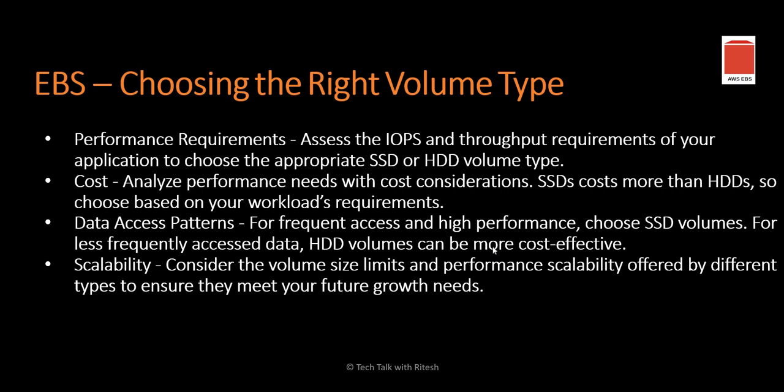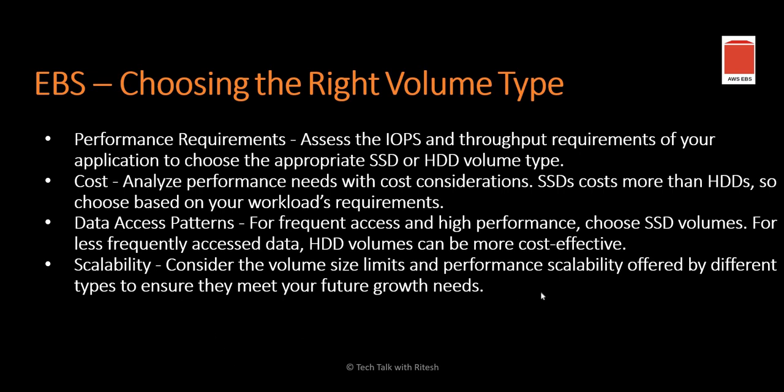For less frequent access to data, HDD volumes can be more cost effective. It's simple logic, but sometimes we might get use cases where we have a mix and match. Then we need to think of the higher one, because the bigger performance requirement also comes into the picture, so I need to accommodate that, right?